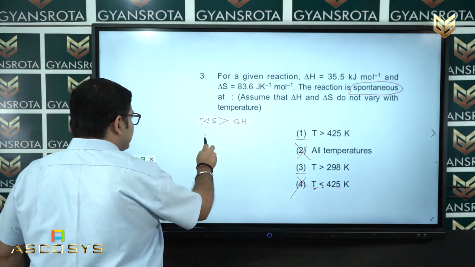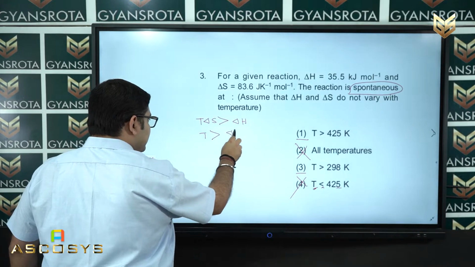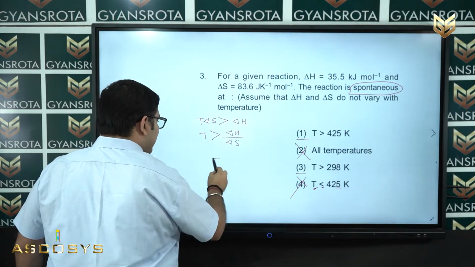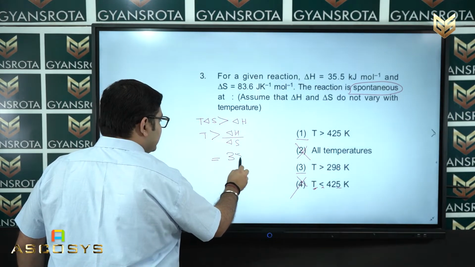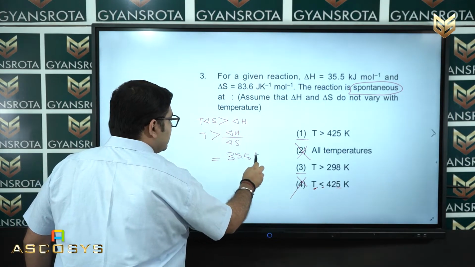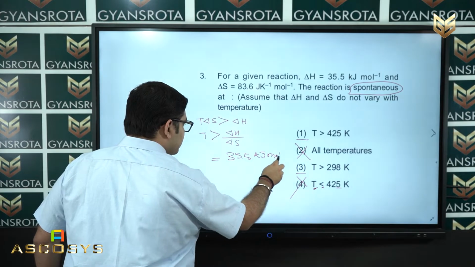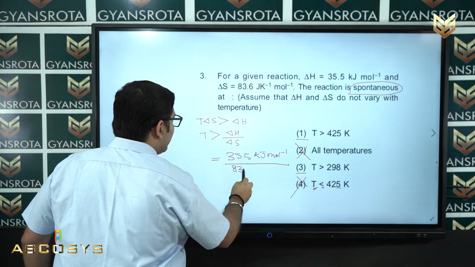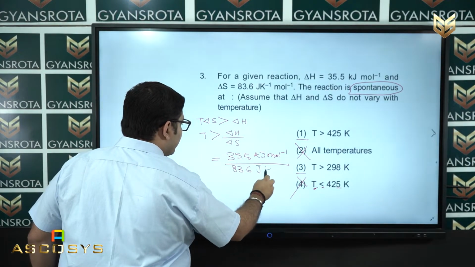Now let us see T, delta H and delta S. What is the value of delta H? It is coming as 30.5 kilojoule per mole. And what is the delta S value? 83.6 joule per Kelvin.